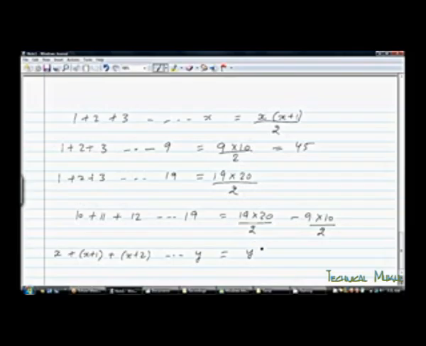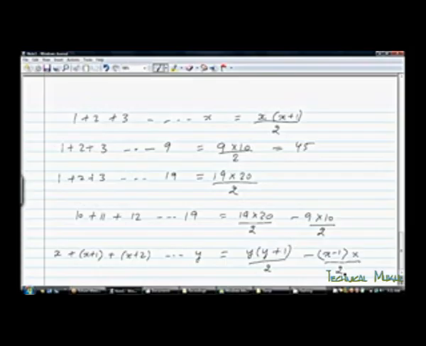That will be y into (y plus 1) divided by 2, minus numbers from 1 to x minus 1. So remember, we have x in the series, so we have to subtract numbers until x minus 1. So that will be (x minus 1) into x divided by 2. So this is the general formula.